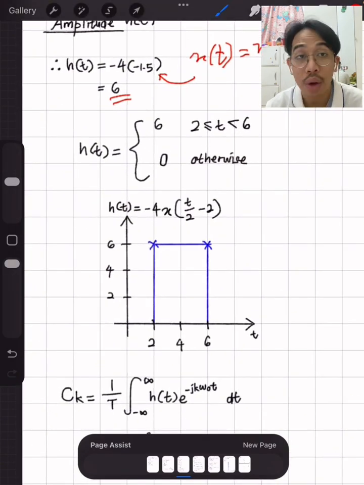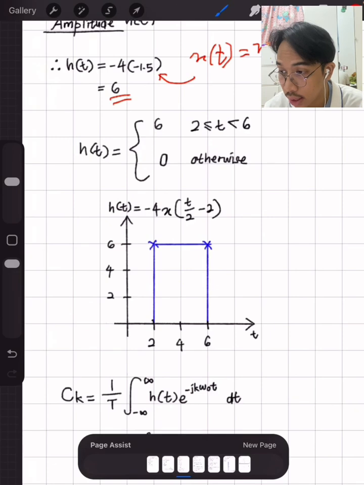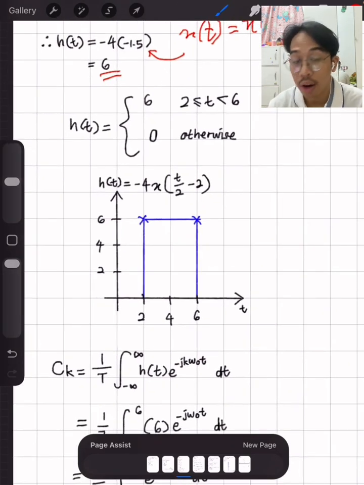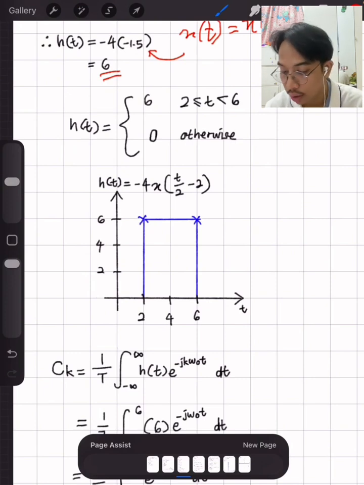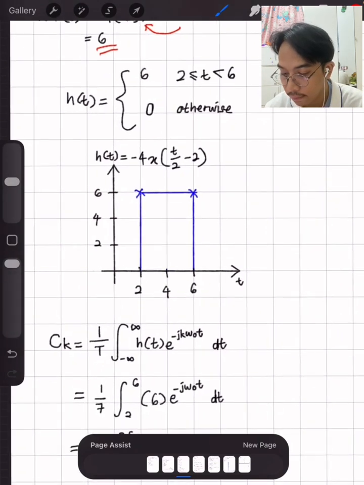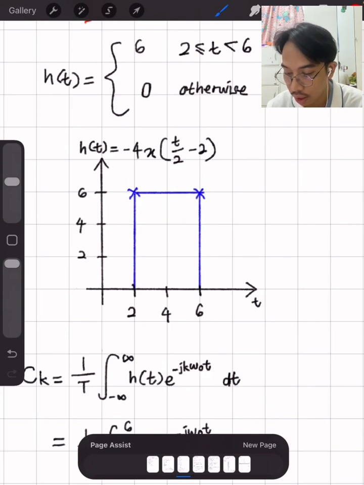With our new amplitude of 6, we can plot our h(t) graph with the new limit we got from the expansion. So this is our h(t) graph.